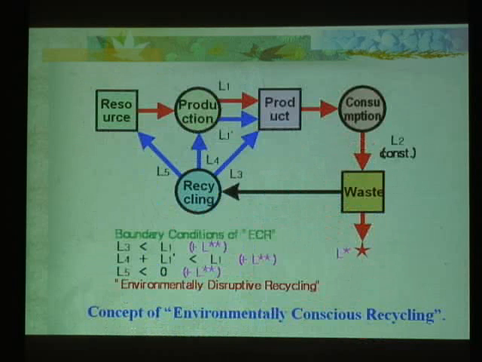This is a very, very simplified diagram for the circulation of materials. Start with the natural resources, and through some production activities, we produce some products, then consumption, then waste. How can we recycle these waste materials?